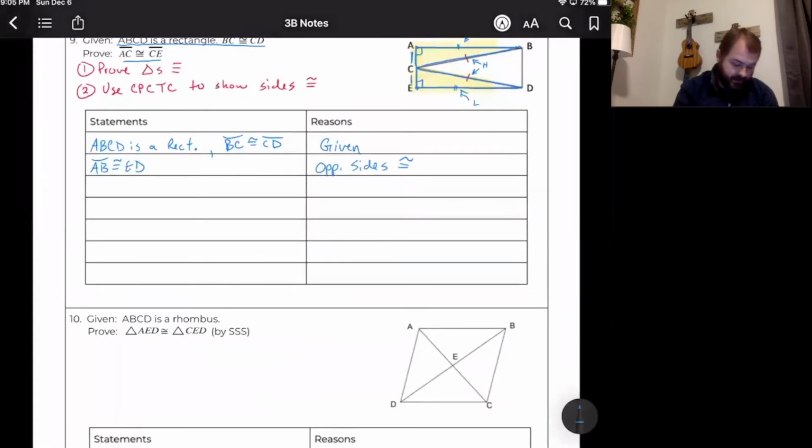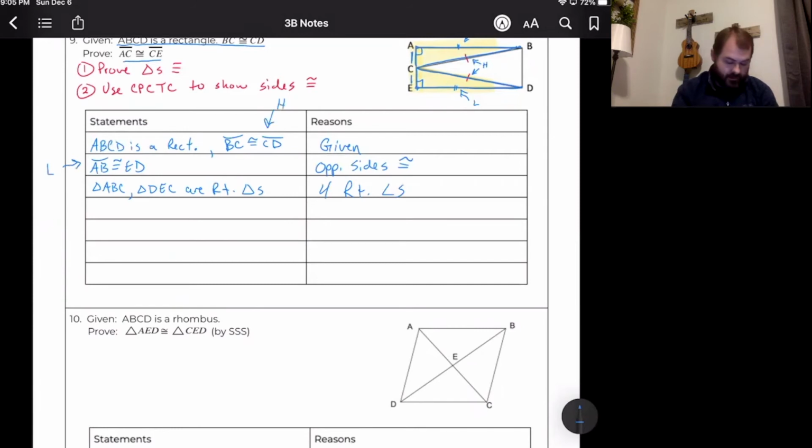So I can say that triangle ABC and triangle DEC are right triangles because in any rectangle, there are 4 right angles. There are the hypotenuses that are congruent. There are the legs that are congruent.